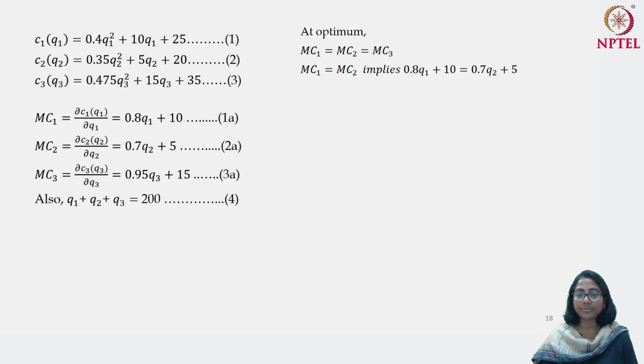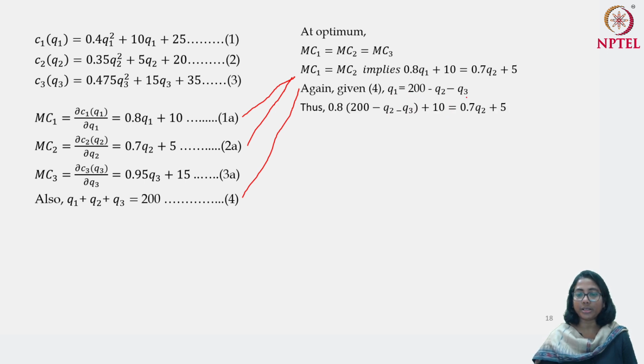Now MC1 equal to MC2 implies, getting from these two, 0.8 Q1 plus 10 is equal to 0.7 Q2 plus 5. Again, if I plug in the constraint, Q1 equal to 200 minus Q2 minus Q3, so instead of writing Q1, I am writing 200 minus Q2 minus Q3.